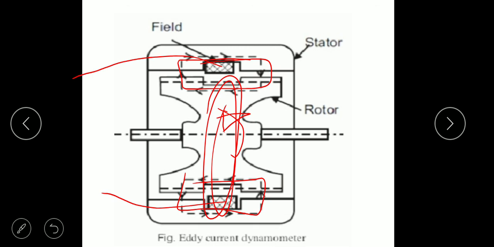But the engine will maintain the RPM of that shaft, and whatever power is required to maintain that RPM will be measured by the arm connected on the stator casing with the gauge. That will measure the actual RPM of that rotating member. So this is the simple way in which eddy current works.